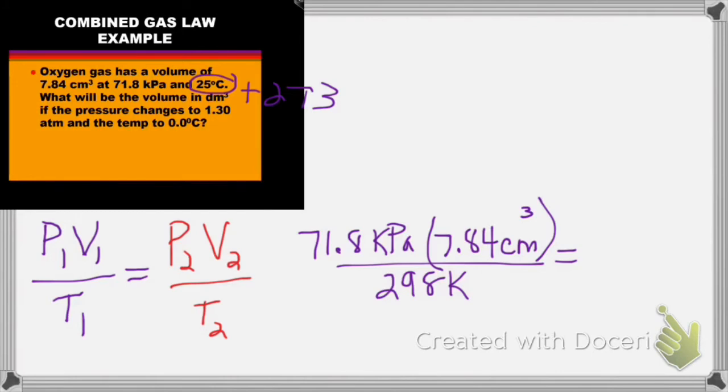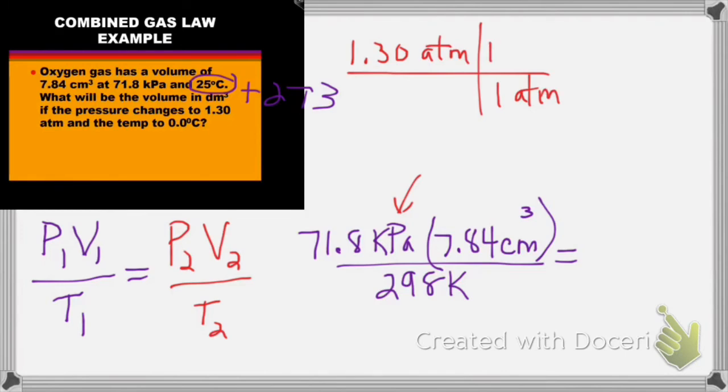We see immediately that our pressure is in atmospheres. So we're going to need to convert 1.30 atmospheres to kPa, because that was what was used on the other side. So we have 1 atmosphere is 101.3 kPa, and if I plug that in our calculator, I am going to get 132 kPa.